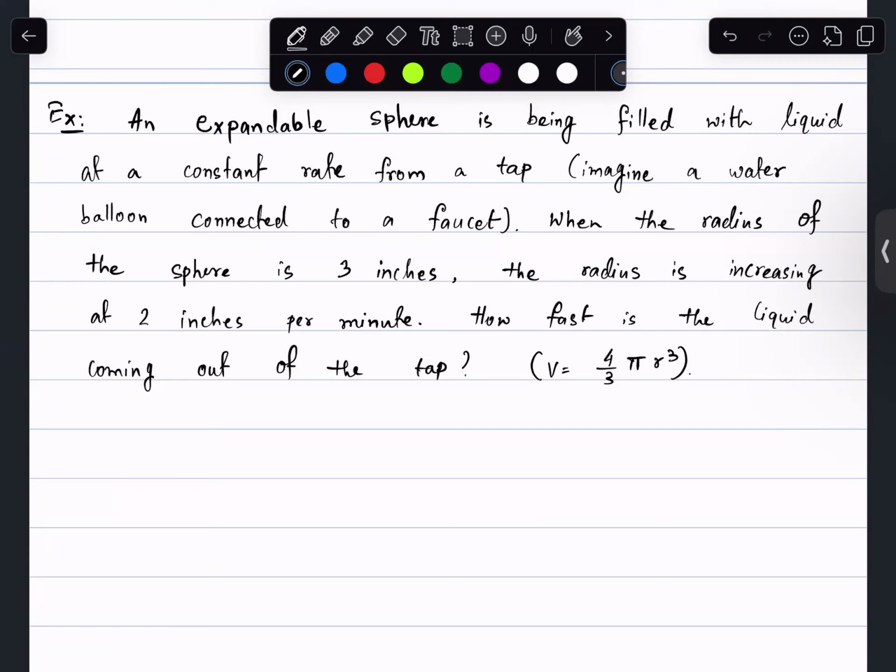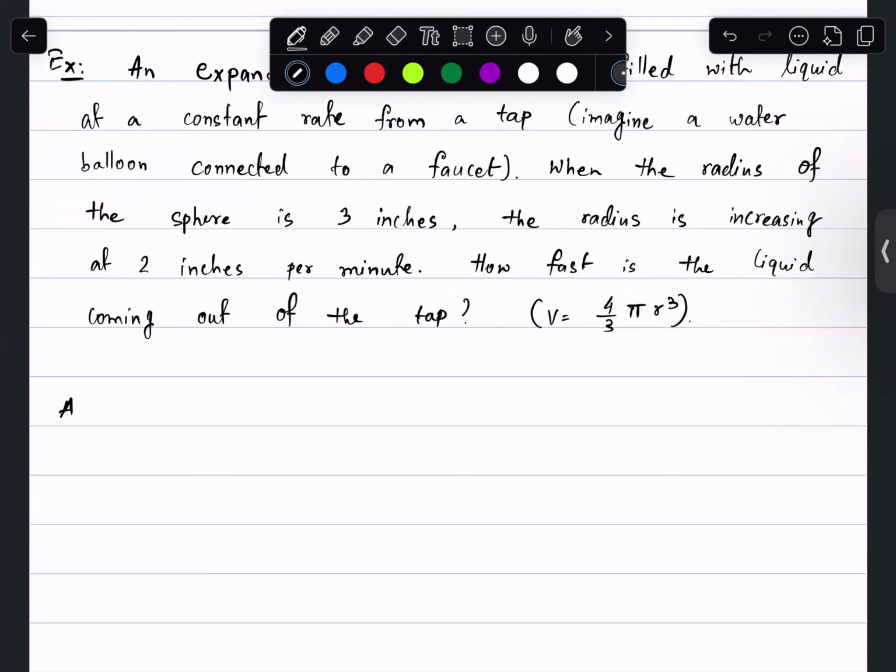Then when the radius of the sphere is 3 inches, the radius is increasing at 2 inches per minute. Then the question is, how fast is the liquid coming out from the tap? Okay. And you are also given the formula of the volume of a sphere as 4 over 3 pi r to the 3.